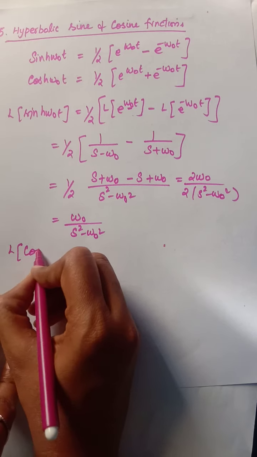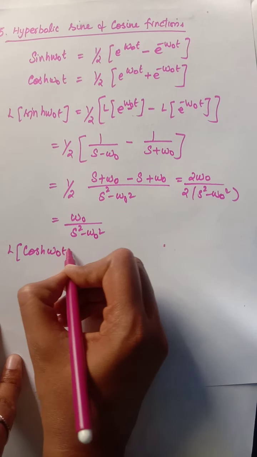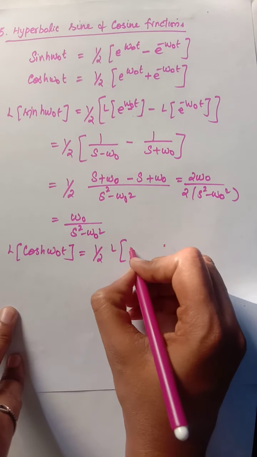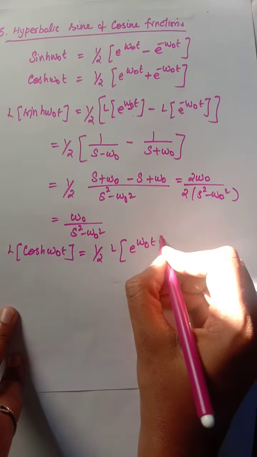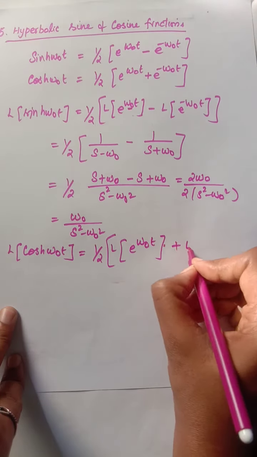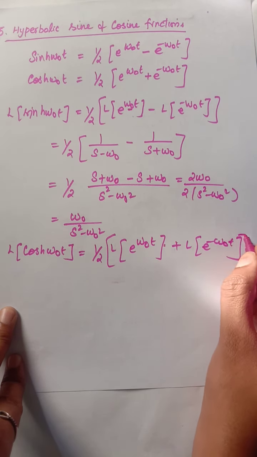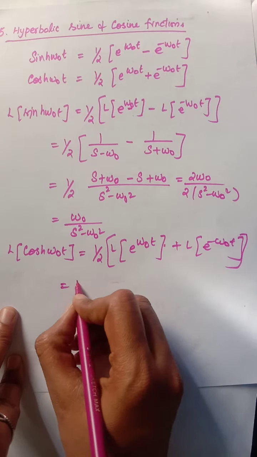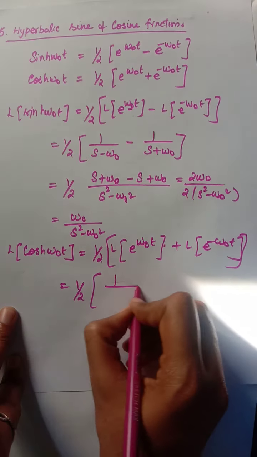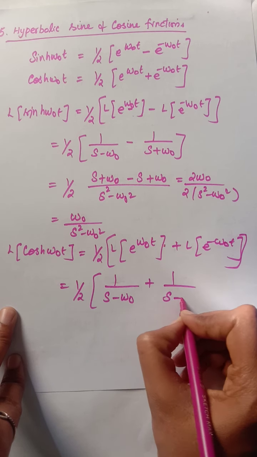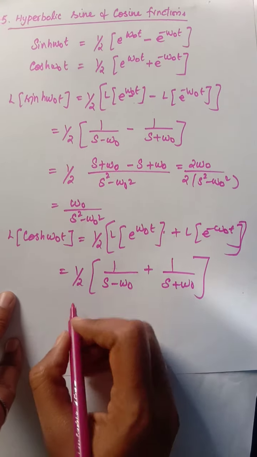Next one is hyperbolic cosine, cosh omega naught t, which is nothing but 1 by 2 Laplace transform of e power omega naught t plus Laplace transform of e power minus omega naught t. Which is equal to 1 by 2 into 1 by s minus omega naught plus 1 by s plus omega naught.